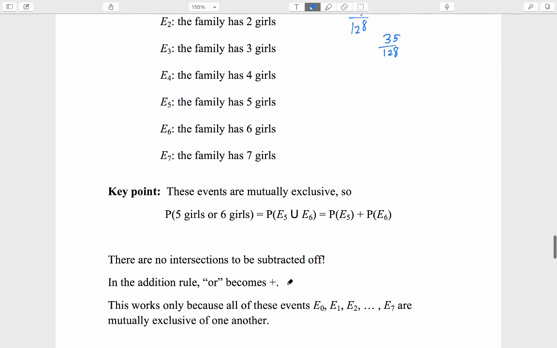Therefore, there are no intersections to be subtracted off here. The probability of this union is just the sum of P of E5 plus P of E6. There is no minus P of E5 intersect E6. That intersection is empty. In the addition rule for probabilities, or, which corresponds to union, just turns into a plus. And that's it. That is very convenient for us. It works only because these events are all mutually exclusive of one another.